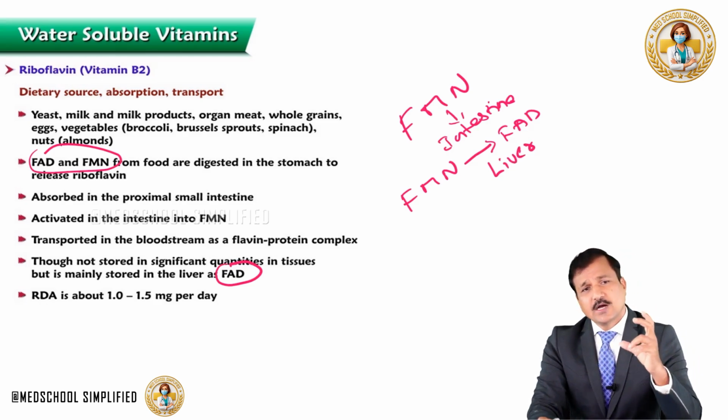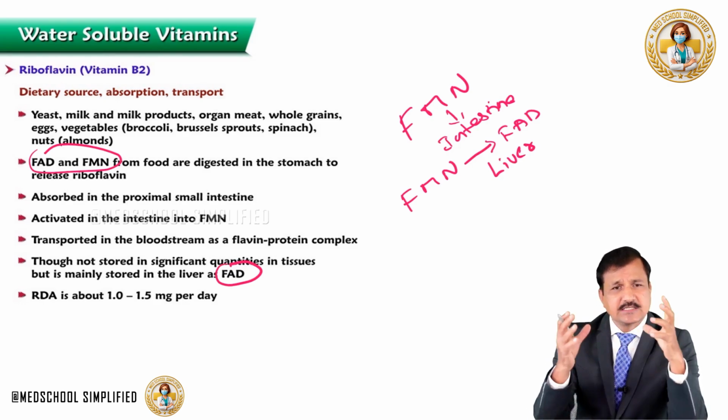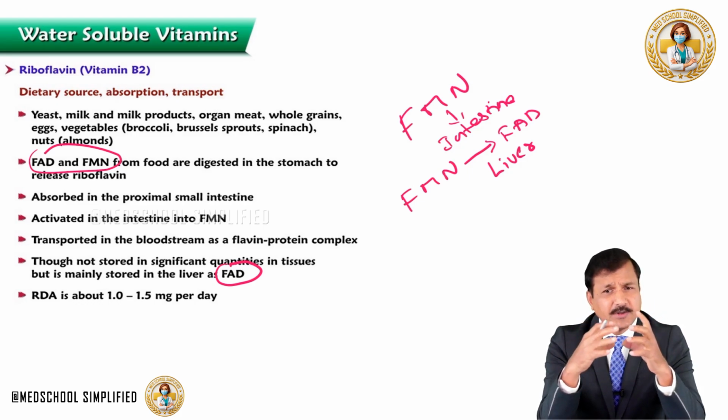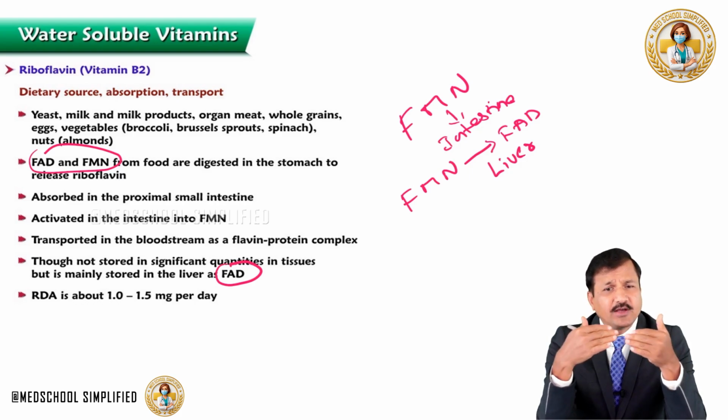So, riboflavin coming from the food is digested and the riboflavin part is released in the stomach, and then it is absorbed, and in the intestine riboflavin is converted to FMN. FMN is transported in the blood as a flavin protein complex.